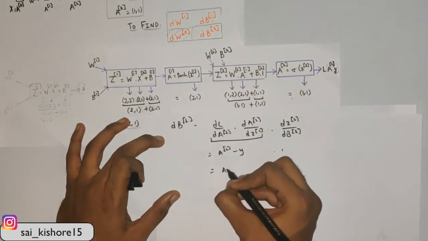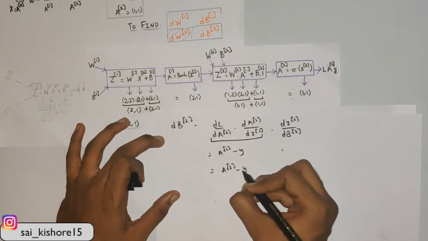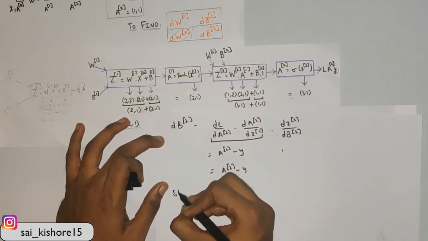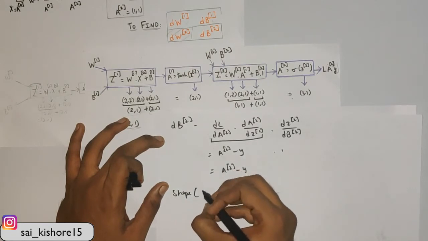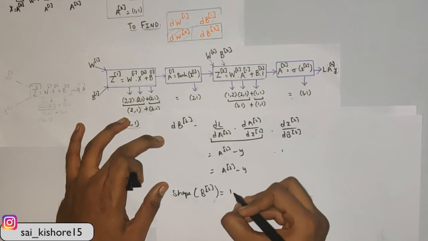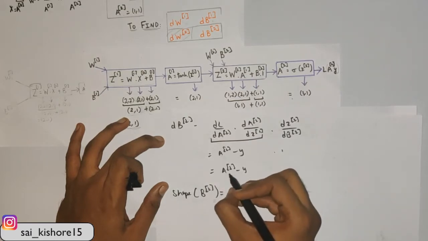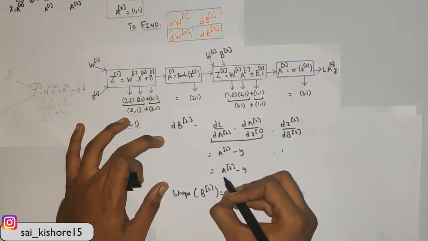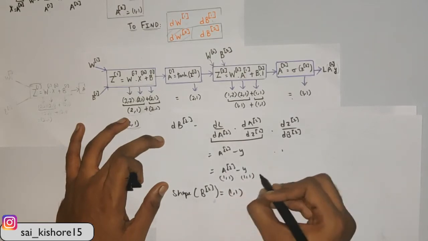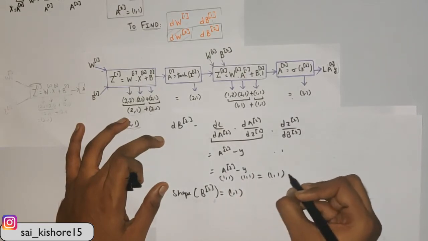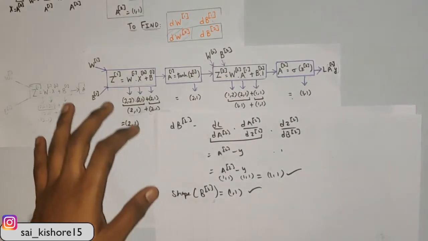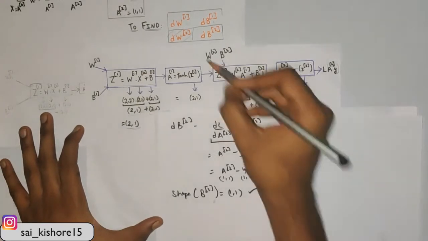So the answer is, now for us to verify the shape, b2 is equal to (1, 1). Shape of a2 is (1, 1). Shape of y is (1, 1). Is equal to (1, 1). So the shapes match. So now we have computed db2.